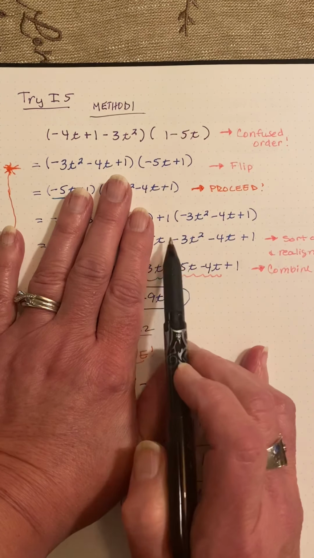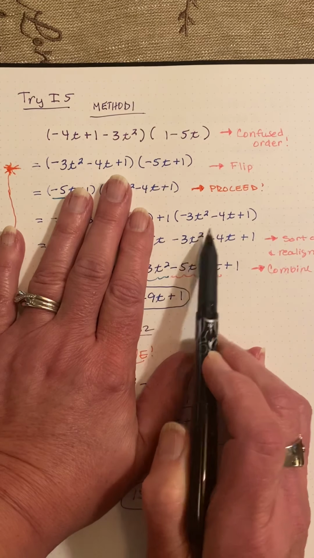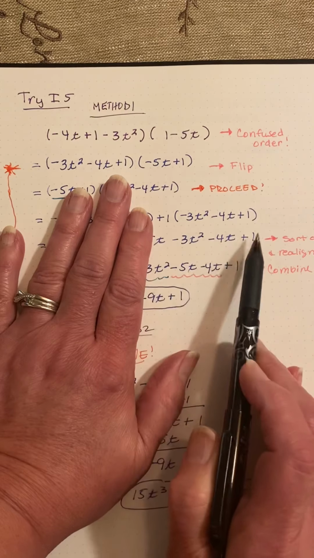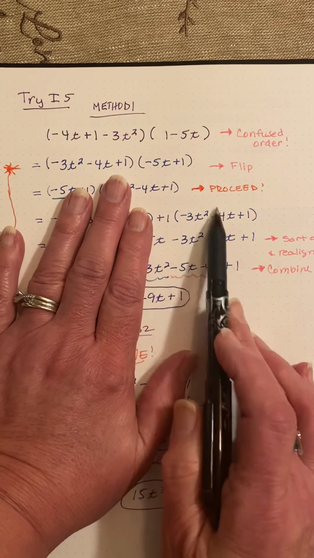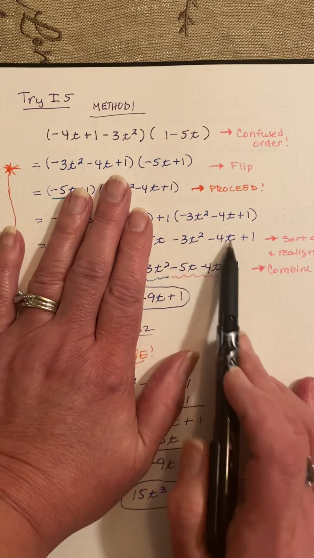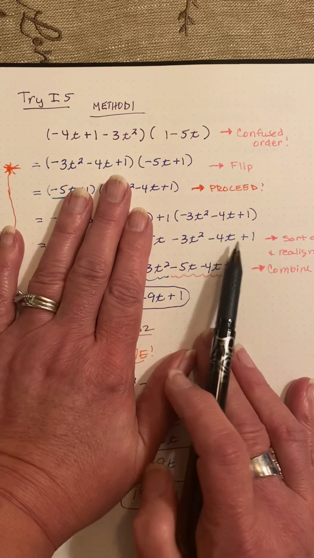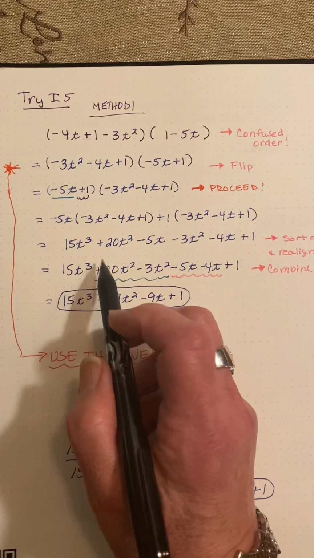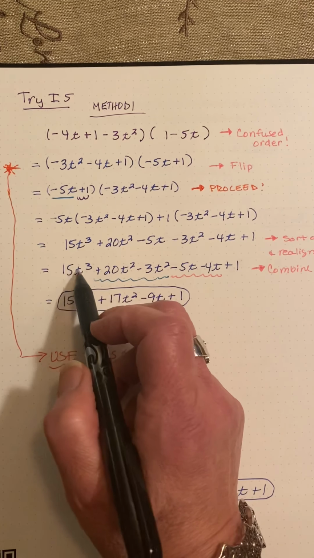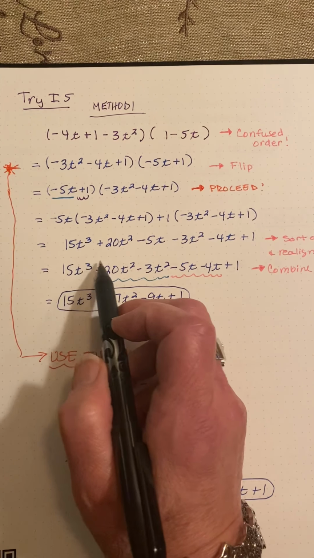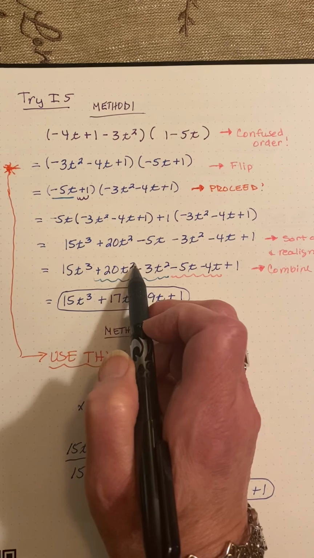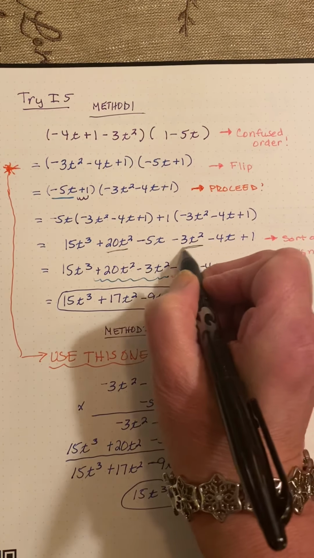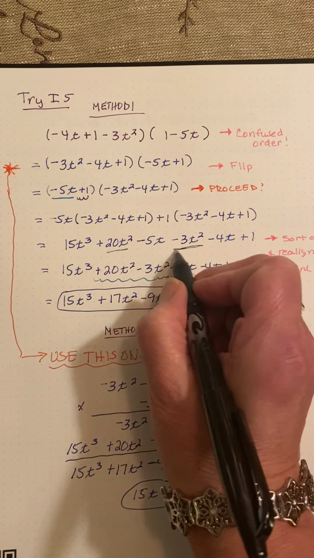So 1 times that, it's just going to be negative 3t squared. 1 times this, going to be negative again, negative 4t, and then positive 1. So basically 1 times anything is the thing. So it just stays. Now you sort it out again and realign. So I have 15t cubed plus 20t squared, and now I have my other 3t squared, which is also negative.